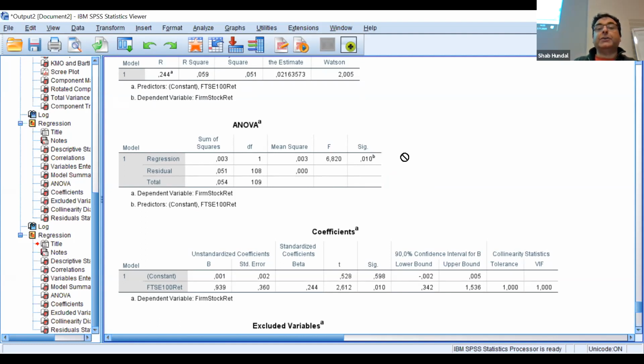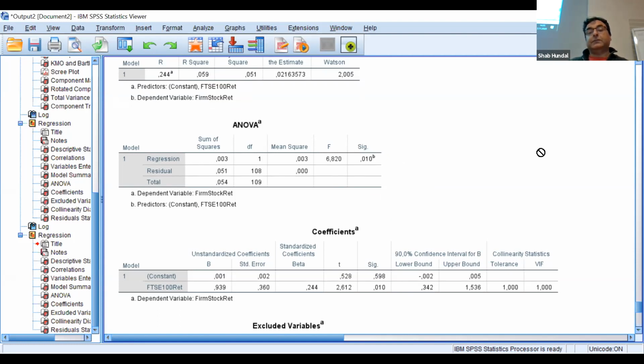This is the R square value, but is this R square significant or not? It depends upon this value. If the F test is significant, just imagine, I don't much care about the value of F. What I care about is, is it significant or not?